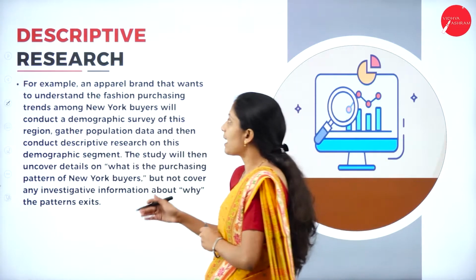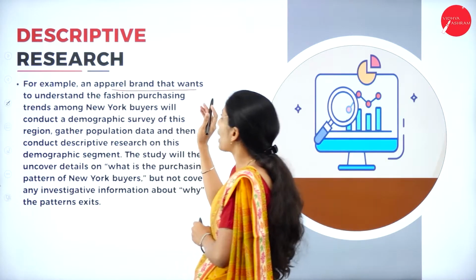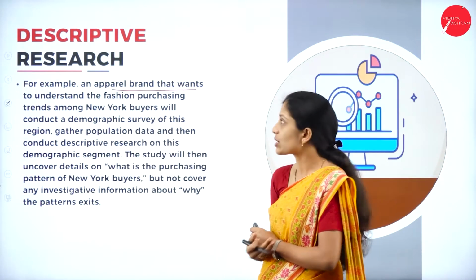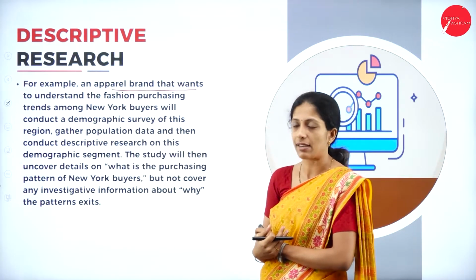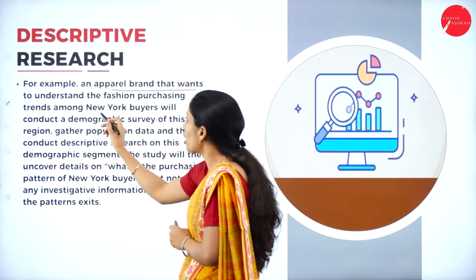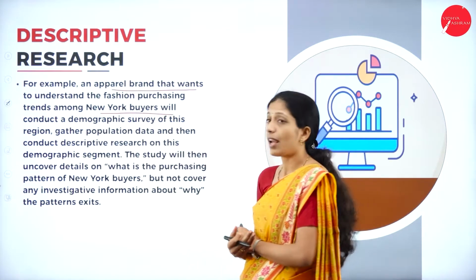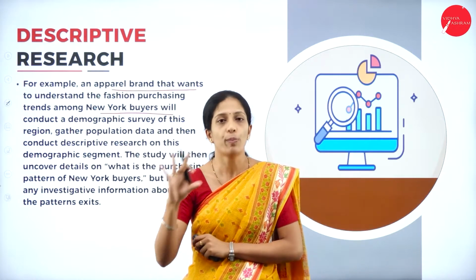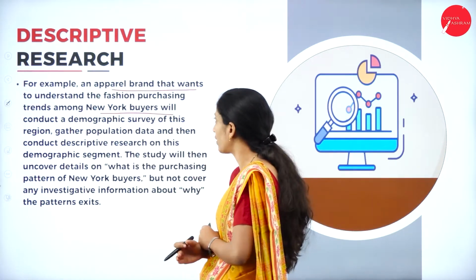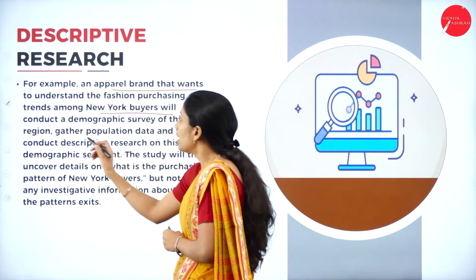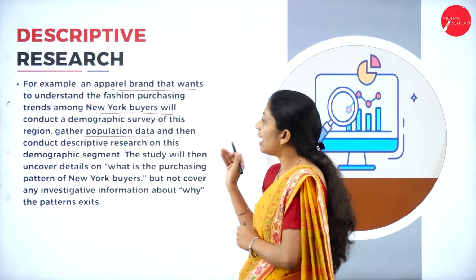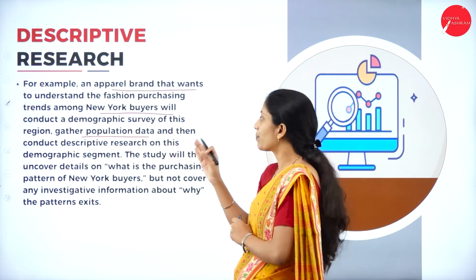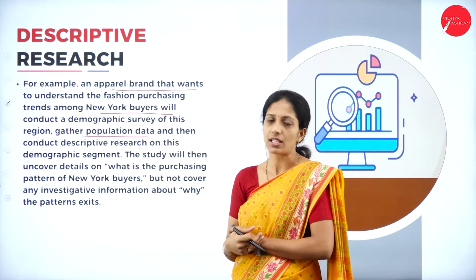Next, for example, an apparel brand that wants to understand the fashion purchasing trends among New York buyers will conduct a demographic survey. So here they are going to conduct a survey on the whole population, that is a demographic survey of this region, gather population data and then conduct descriptive research on this demographic segment.